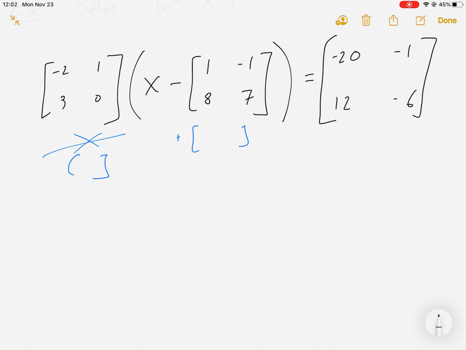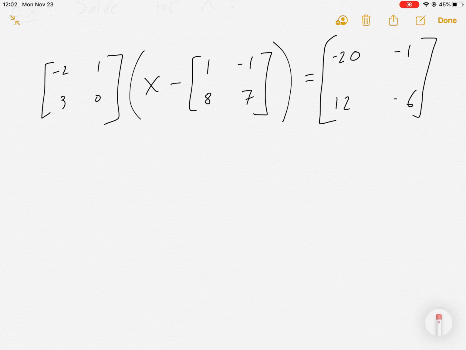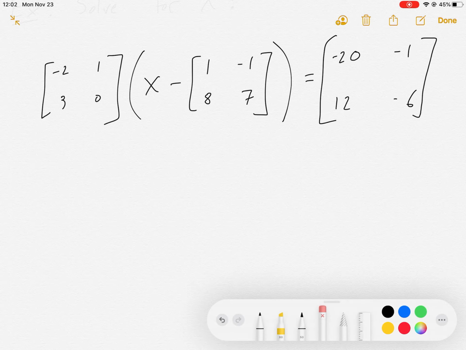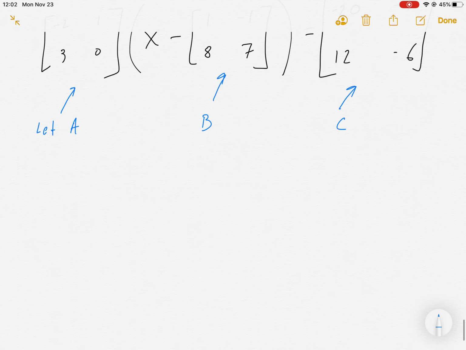So in order to make this look a little bit cleaner, I'm first going to erase this stuff that I wrote. But I'm going to say, let's let this be A, let's let this one be B, let's let this one be C. So now my equation looks like this, which just looks a little bit cleaner.